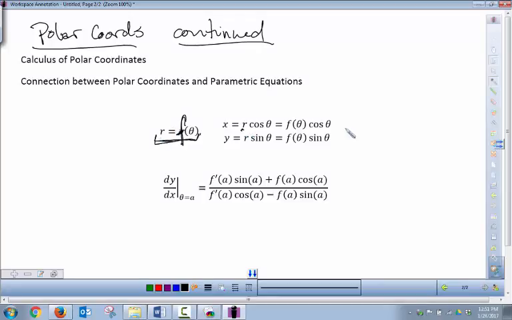So now we have x as a function of one variable. Now whether we call that theta or t, it doesn't matter. The fact that we're still working with one parameter, t or theta, means it's still going to be a single parameter parametric equation. This is still 10.3, yes.